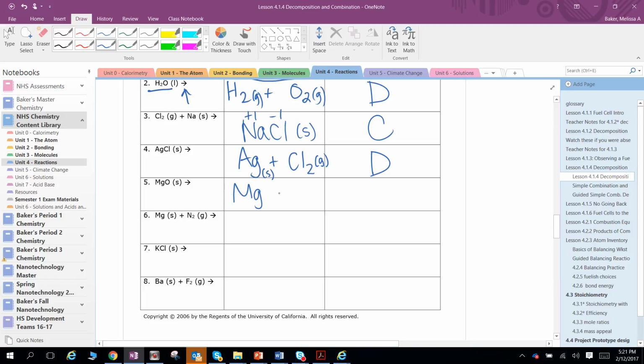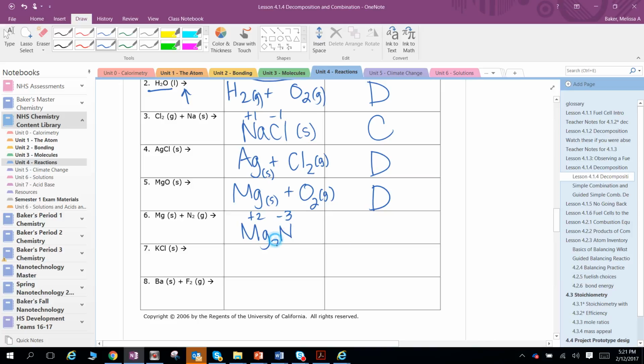Oh, this was one of the examples I chose. Again, magnesium's a metal, so it would be a solid. And oxygen we know is a gas, and that would be another decomposition reaction. Magnesium's got a +2 charge, nitrogen's got a -3.